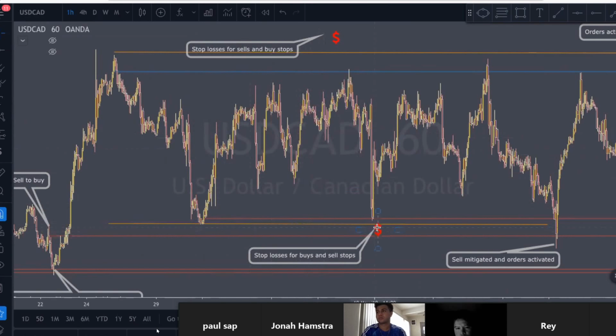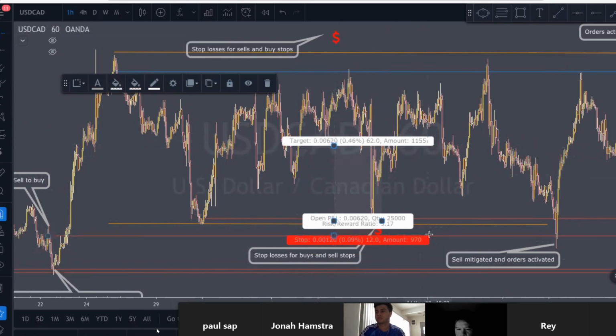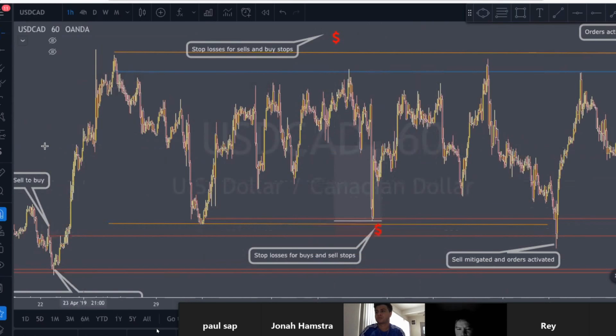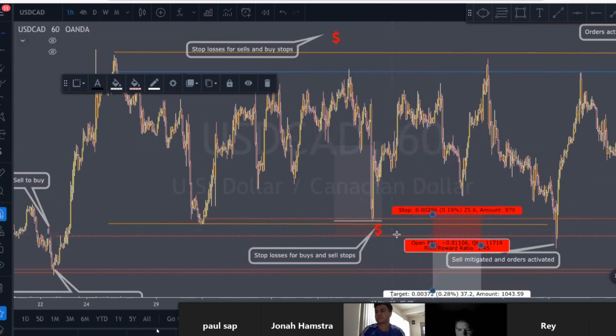Because of that, there's going to be a lot of liquidity or money here. There are stop losses for people buying, and people who are shorting here say, okay, if it breaks this support, I want to sell. So because of that, there is a lot of liquidity or money in this area.